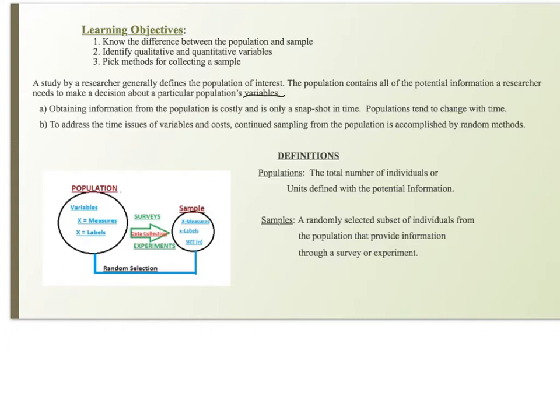So to address the time issue of changing variables and the costs associated with collecting the information, the researcher samples from the population through random methods. The samples are much smaller than the actual population, so the cost in collecting the information has been minimized.